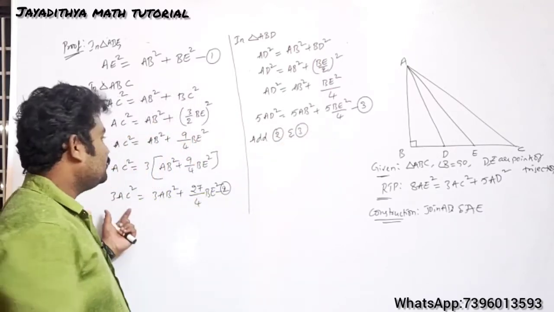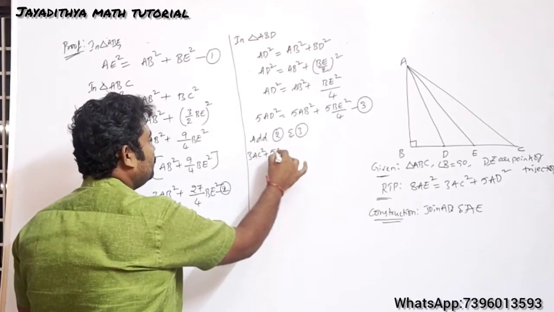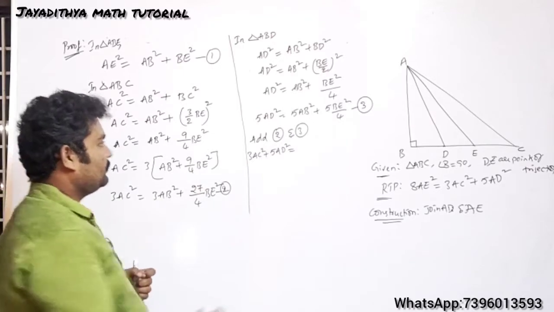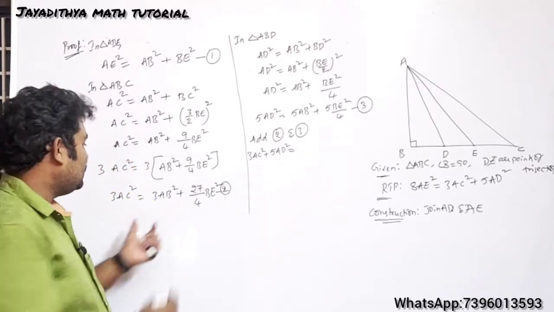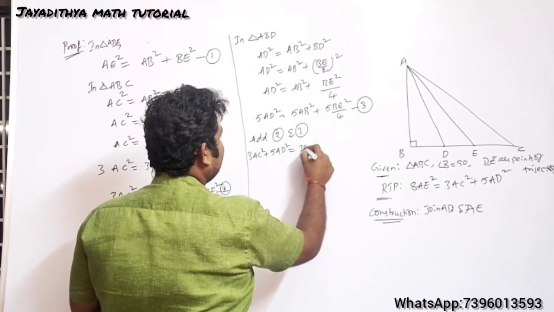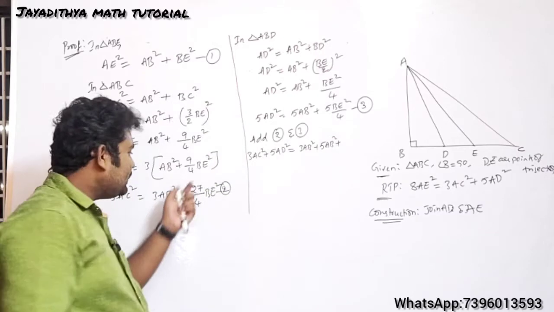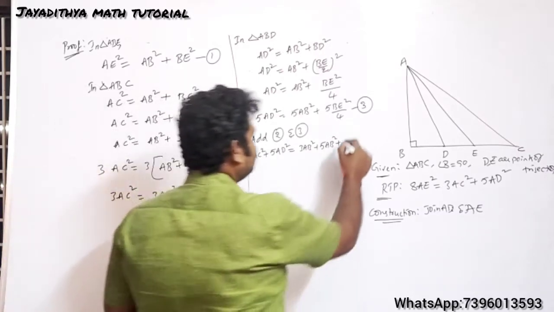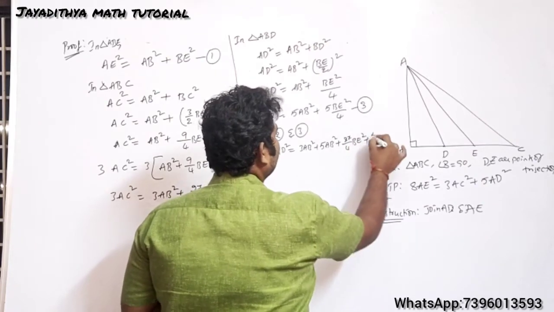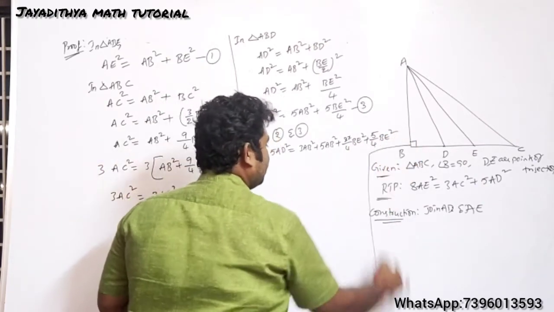What happens now? On the LHS you will be having 3AC square plus 5AD square, which is equal to, here you observe now, 3AB square plus 5AB square plus 27 by 4 BE square plus 5 by 4 BE square.